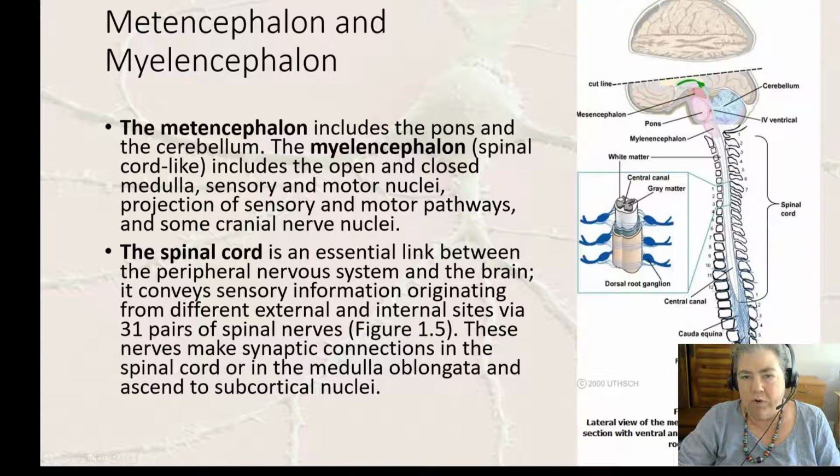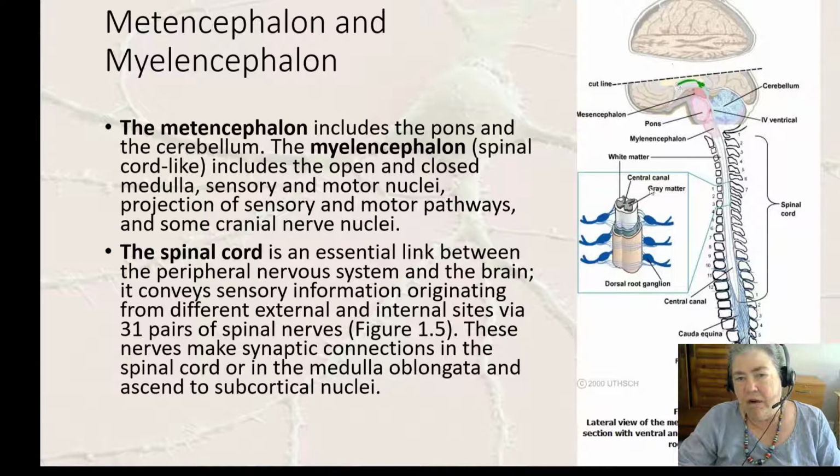In the spinal cord, there is also gray matter and white matter, but in the spinal cord, the gray matter is internal to the white matter. So the tracts that carry information, afferent and efferent information, are around the outside of the spinal cord.